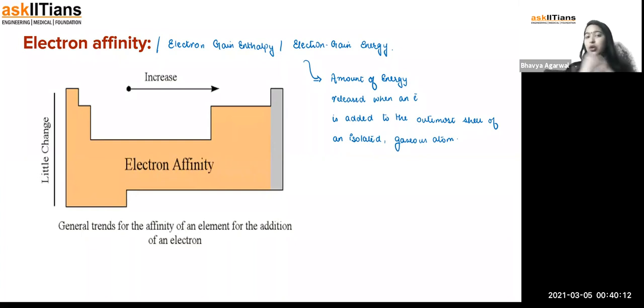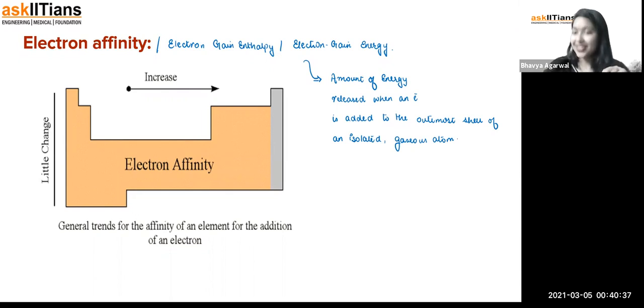Whenever you talk about atoms, you have seen that these elements have two kinds of tendencies, right? Either the element has a tendency to gain the electron or to lose the electron, or at most to share.